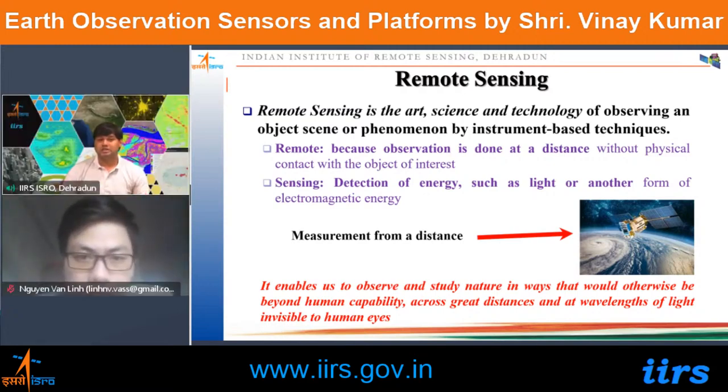Remote sensing sensors enable us to observe the Earth's surface beyond human capability. They can capture data in the infrared, microwave, and thermal wavelength regions. So whatever wavelength range cannot be captured by your eyes can be captured through different remote sensing sensors.